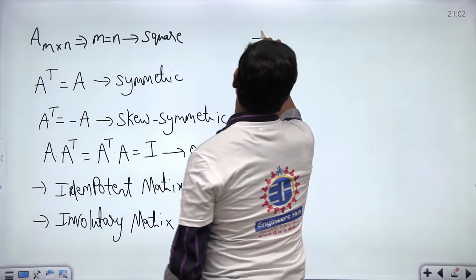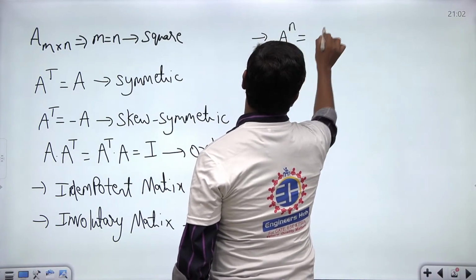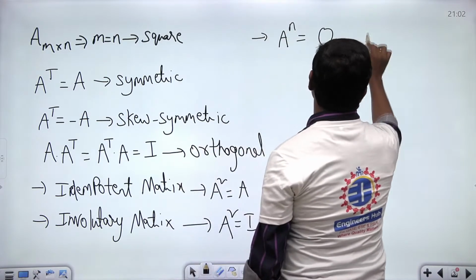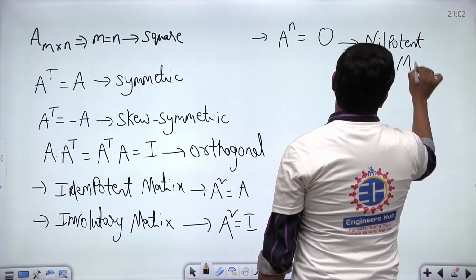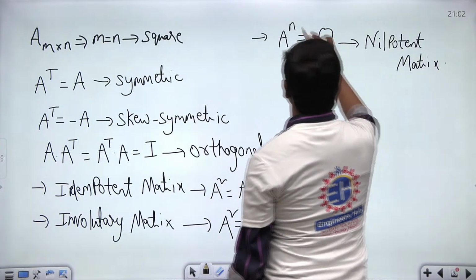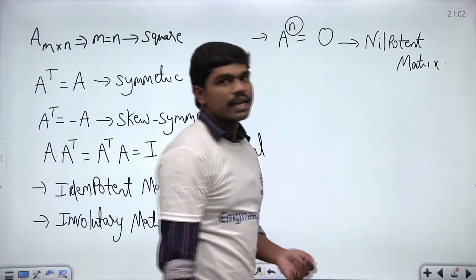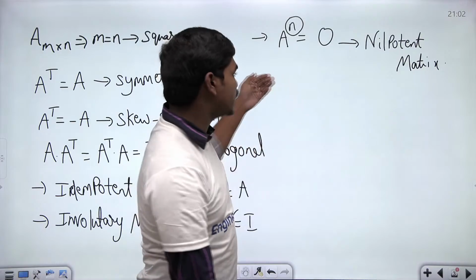And also we have seen some matrix of special type which is called the nilpotent matrix, where even if we have a non-zero matrix A, there exists some positive integer n such that A power n is equal to 0, even though A is not equal to 0.